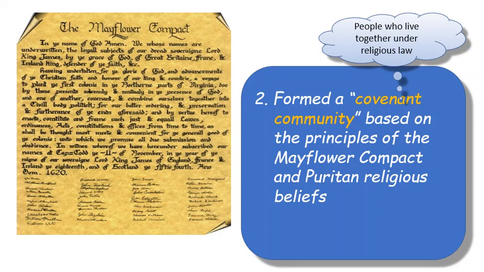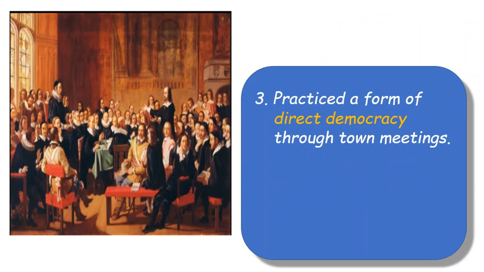Again, those very strict Christian religious beliefs that they didn't feel free to practice and live by in England. They saw the opportunity to practice their religion in New England.